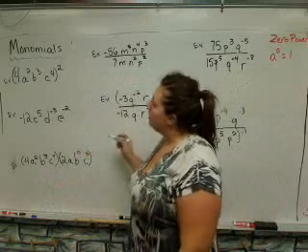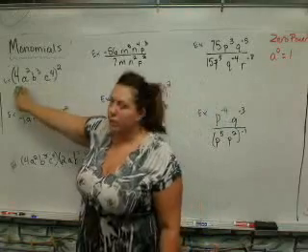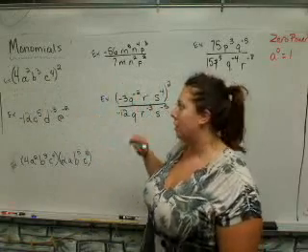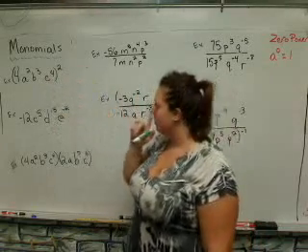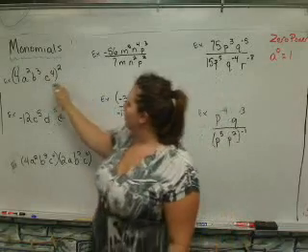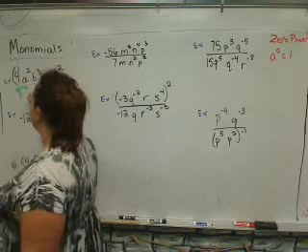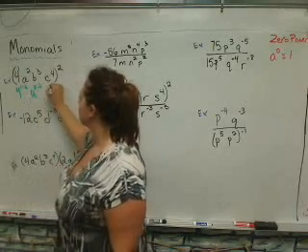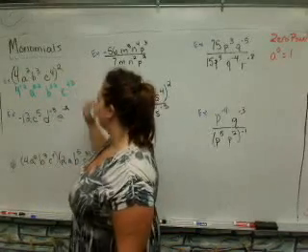Okay? So every single power here, we need to multiply by 2, because the power to power rule says that I multiply the powers together. So we're going to say 4 to the 1st power times 2, a to the 2nd power times 2, b to the 3rd power times 2, and c to the 4th power times 2.